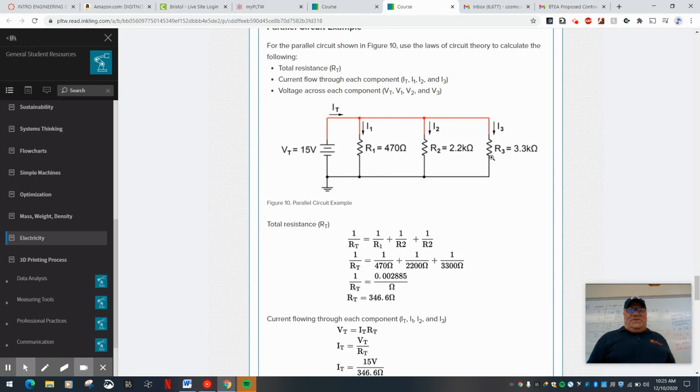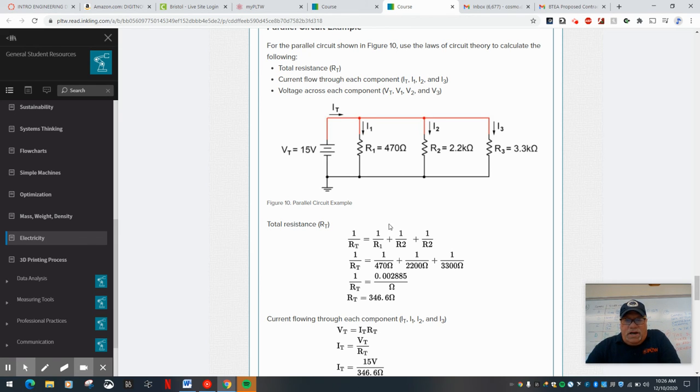For a parallel circuit, it's a little more complex. As you can see, the total resistance is equal to the reciprocal value of each resistor added. It's the sum of the reciprocals of the resistors. So we have 1 divided by 470 ohms plus 1 divided by 220 ohms, and 1 divided by 3300 ohms. And 3.3 kilo ohms is 3,300.